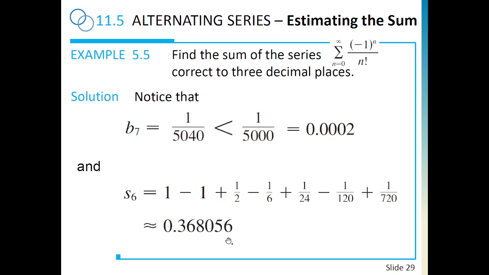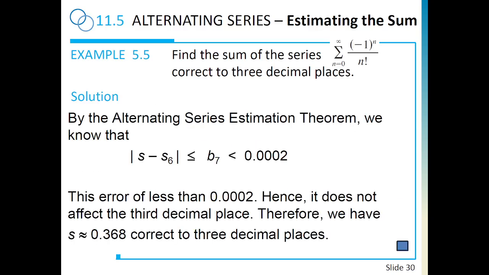And in this approximation, we know that these 3 numbers, 3, 6, and 8, are correct, because the error for them is smaller than this number with 3 zeros. So that's a straightforward process, and that's how we would apply the theorem regarding the error of the sum of a convergent alternating series.